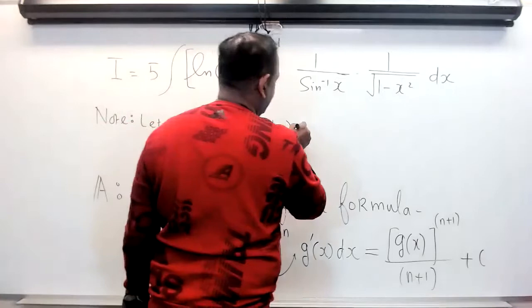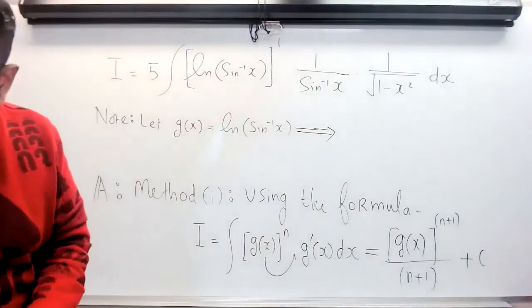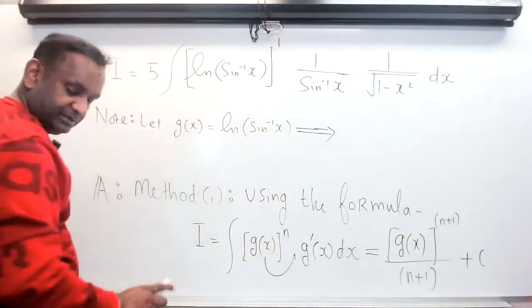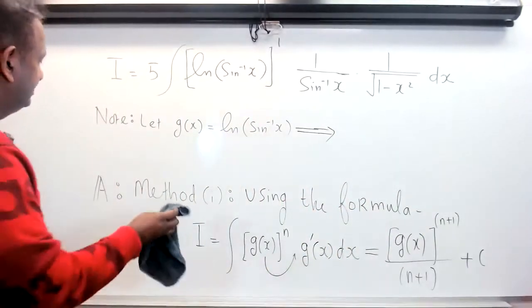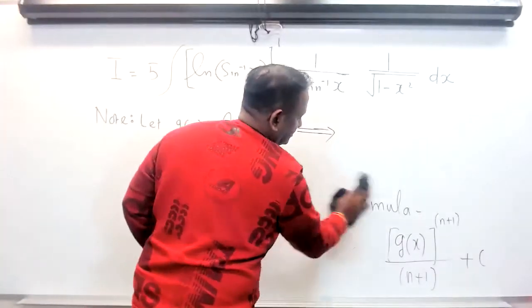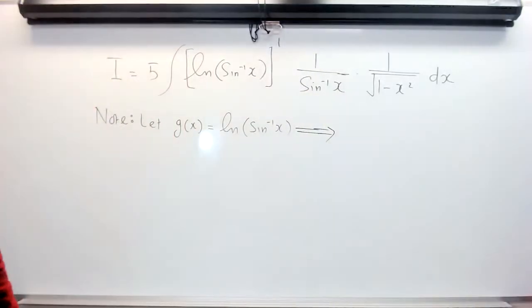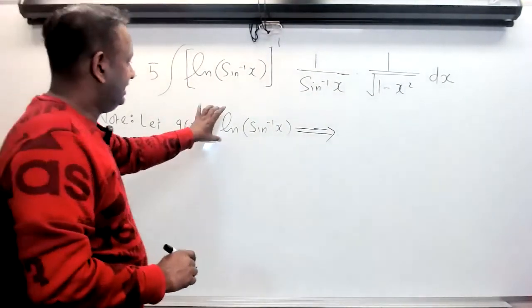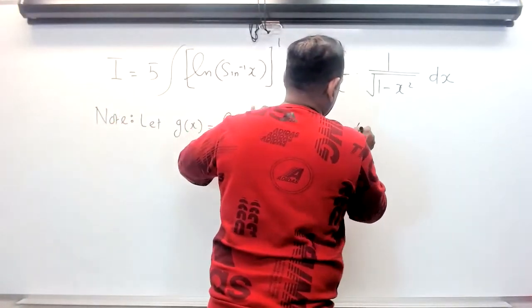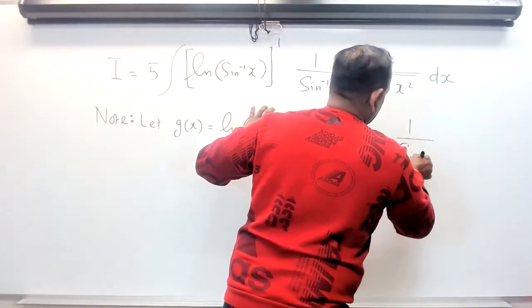Let's check the derivative of that function, first derivative with respect to x. For ln of whatever is inside, you write 1 over that thing.